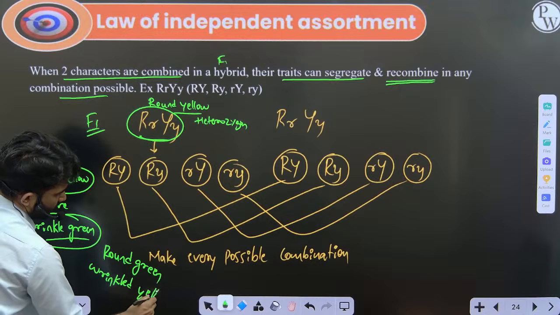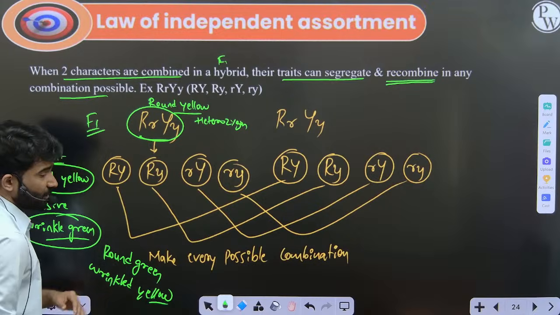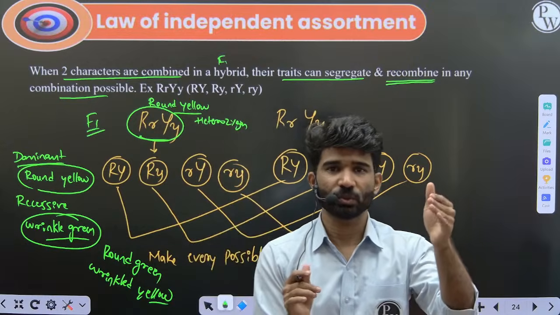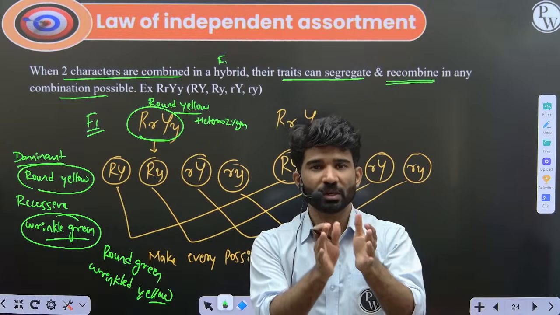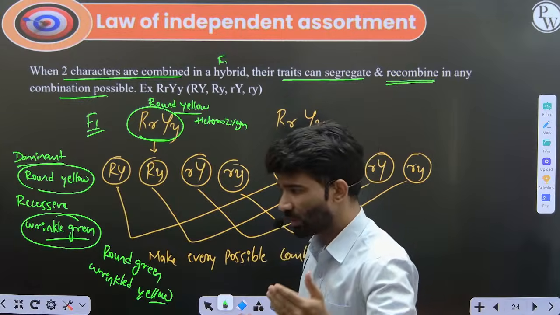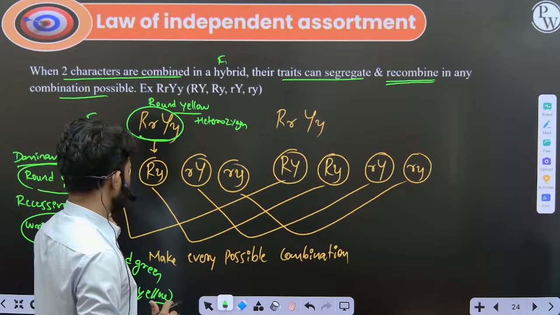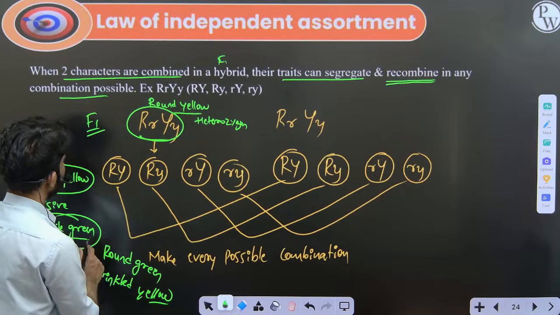Even in the case of genotype also, it is 1 is to 2 is to 1. Those are all the different genotypes we got. There are different genotypes also.